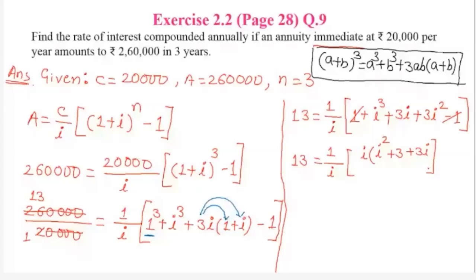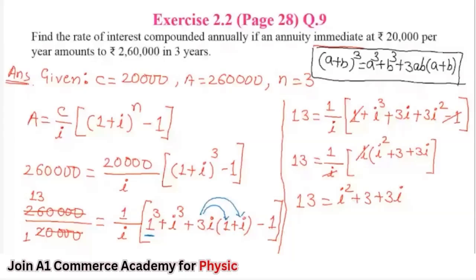I've taken I common. Now this I and this I get cancelled. What is left now? 1 multiplied by anything is the same. So 13 is equal to I square plus 3 plus 3i. Dhruv, clear?